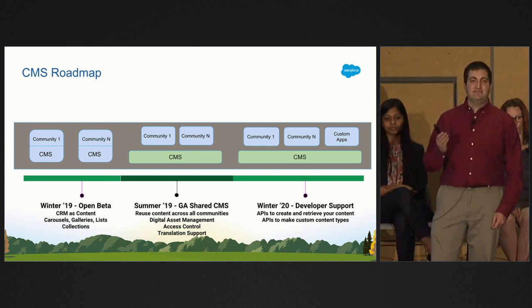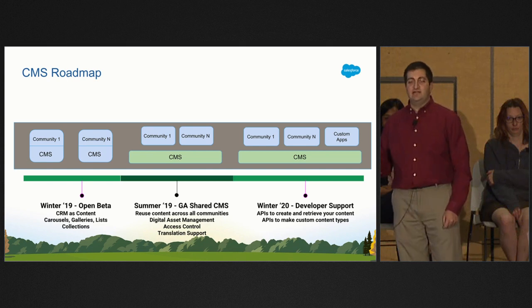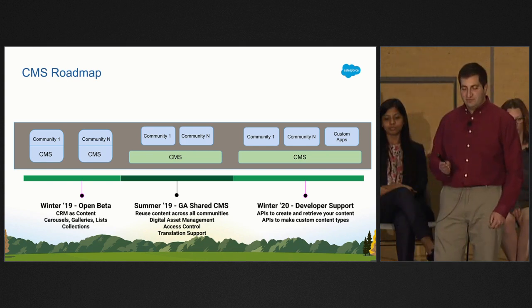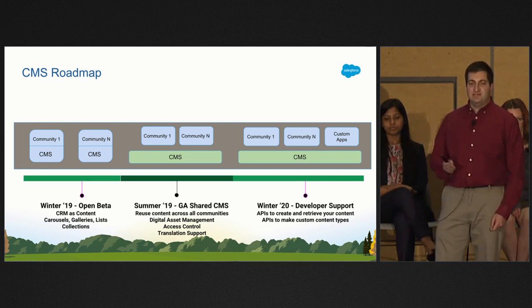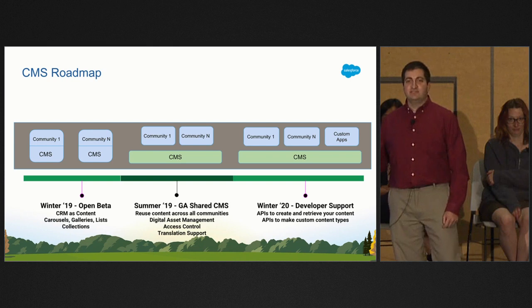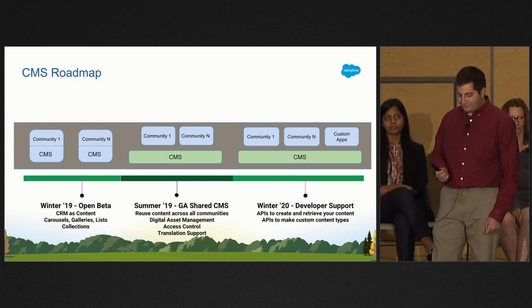So you could reuse content from your global space across all of your local spaces. In addition to pulling it out of communities, this will enable us to provide granular access control. You could specify who can do what at a very granular level. Also, translation support and scheduling are some of the features we plan for GA.